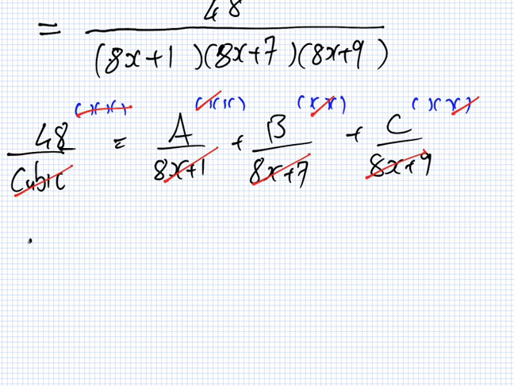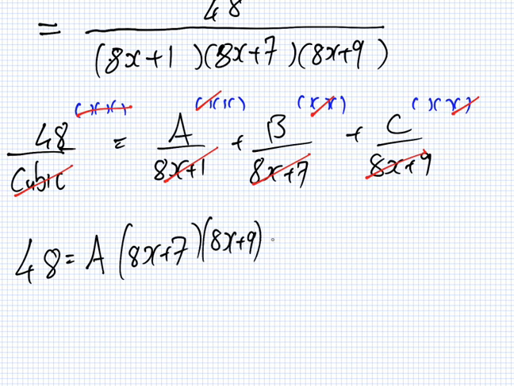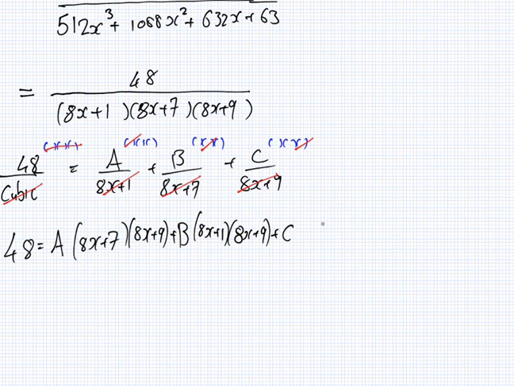So you'll be left with 48 equals a(8x plus 7)(8x plus 9) plus b(8x plus 1)(8x plus 9) plus c(8x plus 1)(8x plus 7).